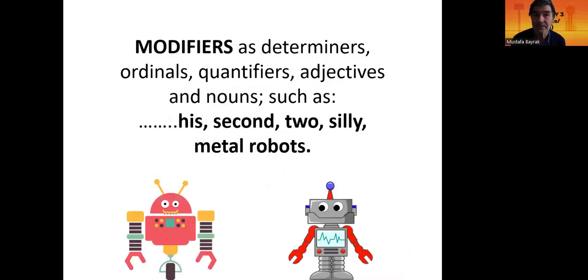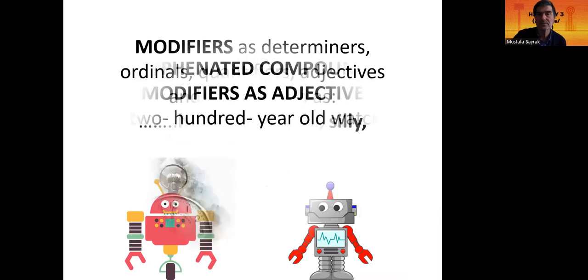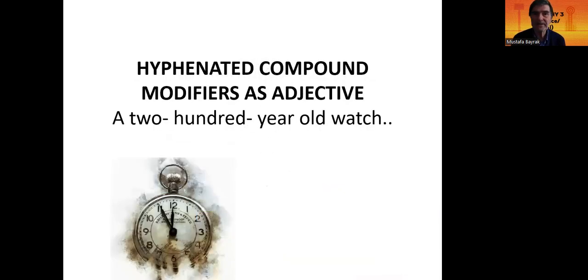Modifiers as determiners, ordinals, quantifiers, adjectives, and nouns such as his car, second car, two cars, silly robot, metal robots, is also possible. Hyphenated compound modifiers as adjective, a 200-year-old watch.